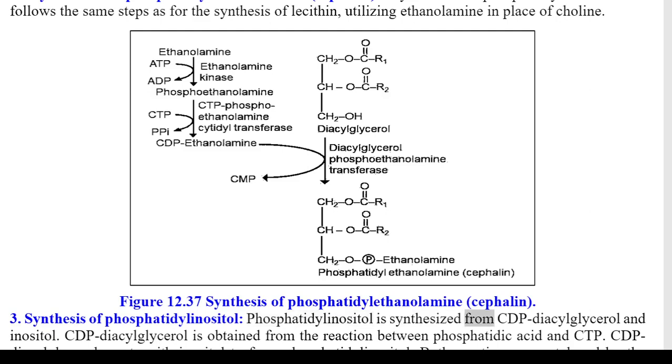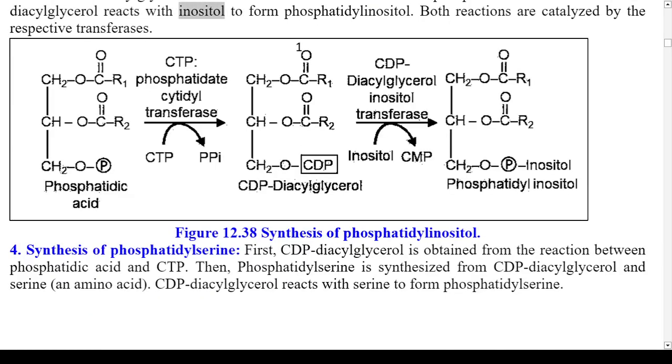Phosphatidylinositol is synthesized from CDP-diacylglycerol and inositol. CDP-diacylglycerol is obtained from the reaction between phosphatidic acid and CTP. CDP-diacylglycerol reacts with inositol to form phosphatidylinositol. Both reactions are catalyzed by the respective transferases. Figure 12.38 Synthesis of phosphatidylinositol.